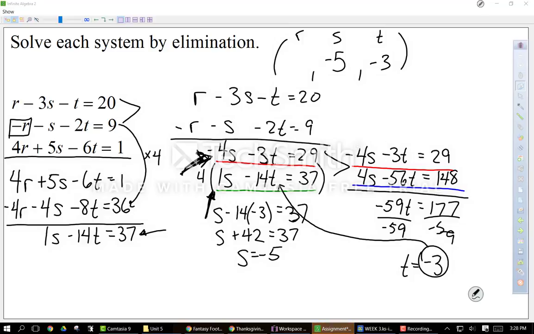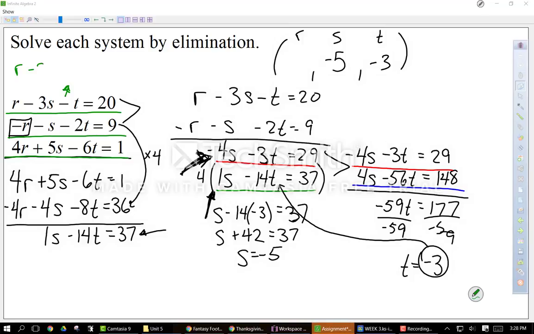Now I'm going to come back to one of my original equations. If I look, I have the top one, the middle one, or the bottom one that I can use. You can choose any of them to work with. I'm going to choose the top one because r is positive. Again, you can choose the middle one or the bottom one, it doesn't matter. And I'm going to plug in the numbers s and t to where they go.